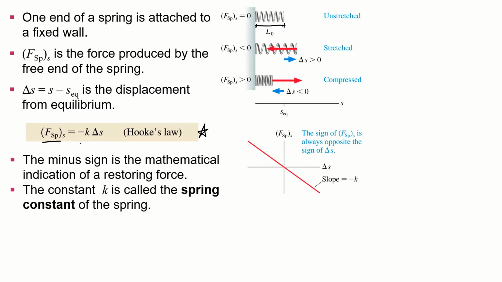This can all be modeled using Hooke's law, which says the force on that spring is negative k times delta s, where delta s is how large that displacement from equilibrium is. K is what we refer to as the spring constant, essentially a measure of how stiff that spring is.